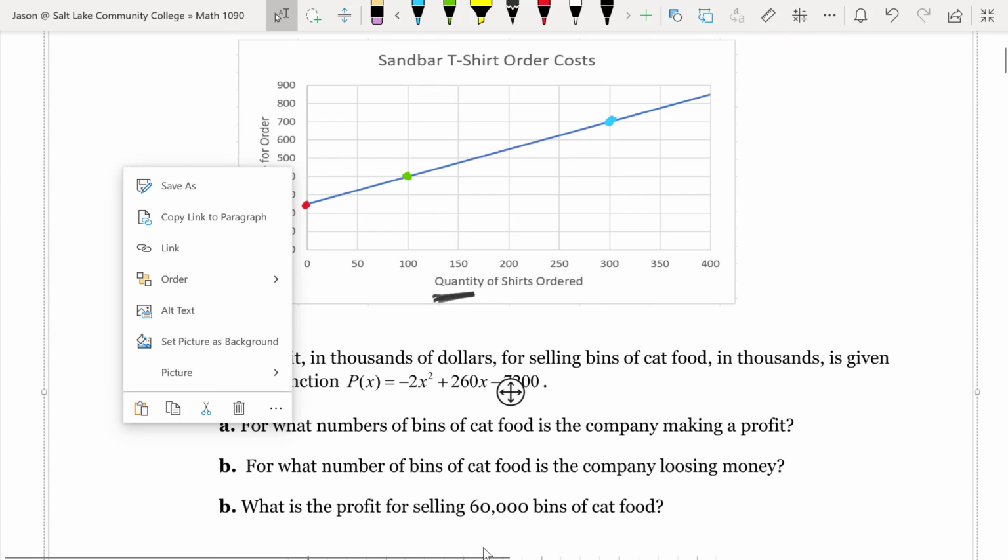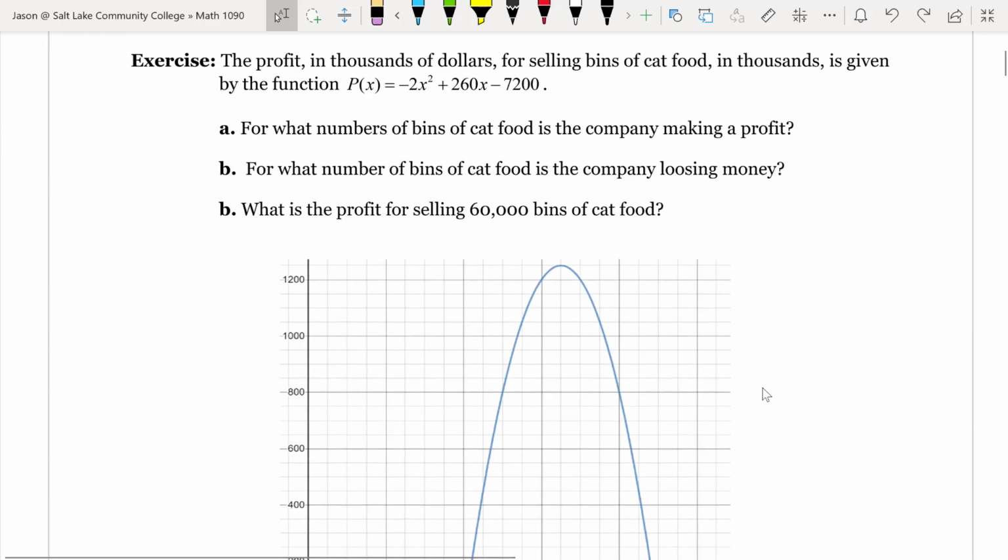to make the shirts. The profit in thousands of dollars for selling bins of cat food in thousands is given by the function p of x is equal to negative 2x squared plus 260x minus 7200. For what numbers of bins of cat food is the company making a profit? All right. So let's see.